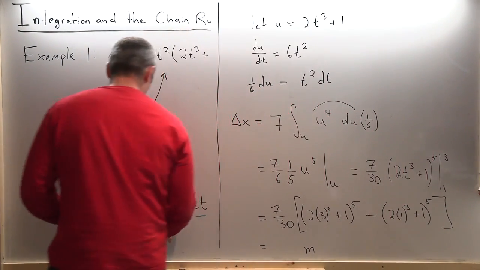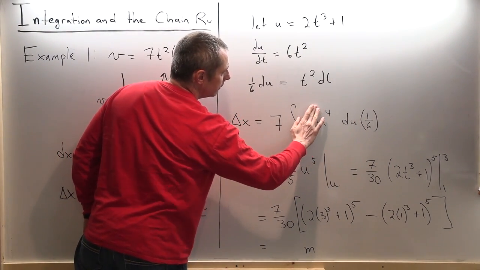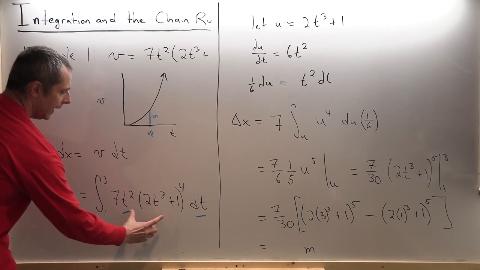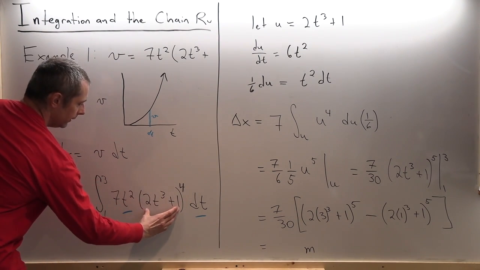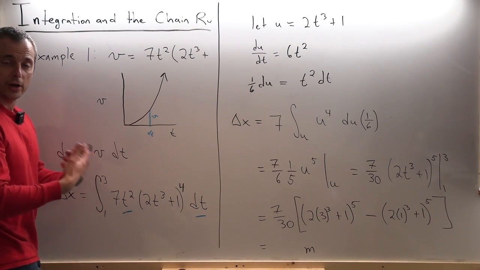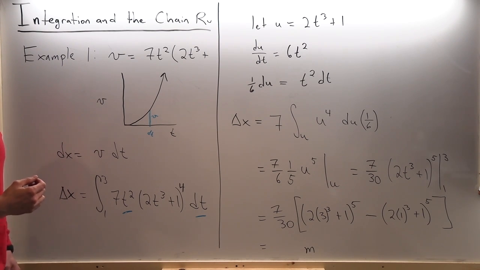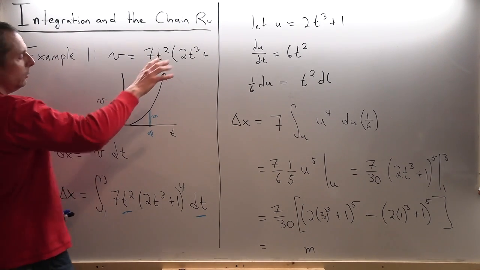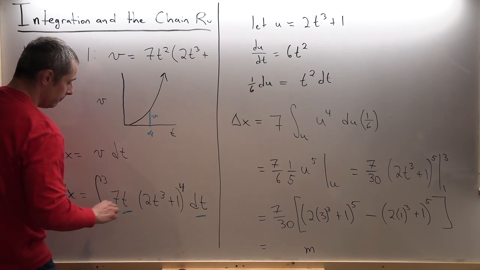We try and simplify this into some very simple power integral. And the way we achieve that is we let all this be a new variable u. That gets rid of this. And then we also have to get rid of this too because we need all time out of the variable. By the way, this means that this would not work if, for example, this was to the third power.